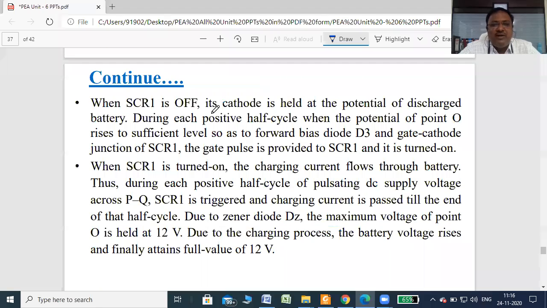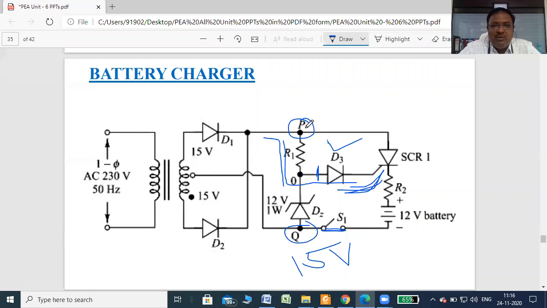I'll just read it. When SCR is off, its cathode is held at the potential of the discharged battery. During each positive half cycle, the potential at point O rises to a sufficient level to forward bias D3 and the gate cathode junction of SCR, right? The voltage at P with respect to Q is positive. This feeds to the diode D3 and then to the gate cathode. Whenever the voltage at O is greater than 0.7, diode D3 turns on and current starts to flow.